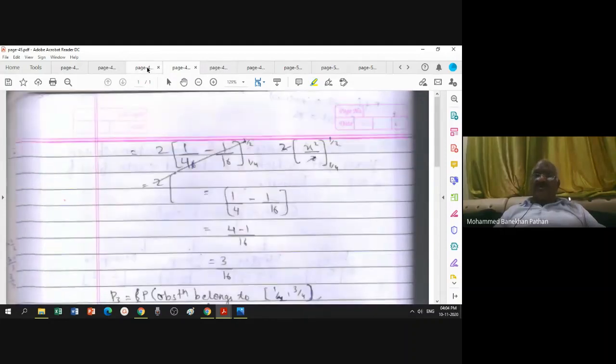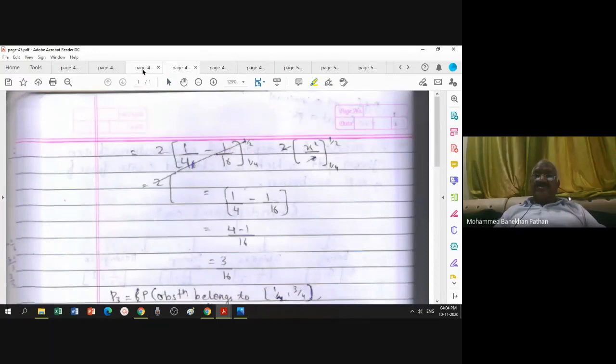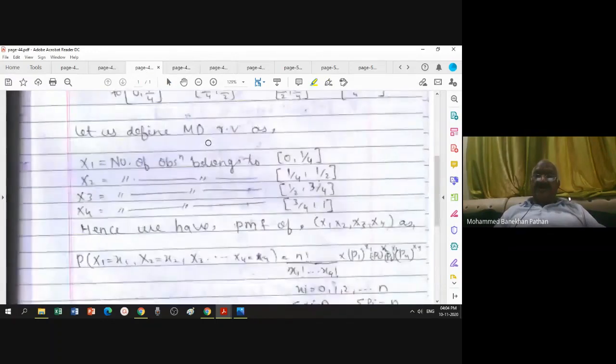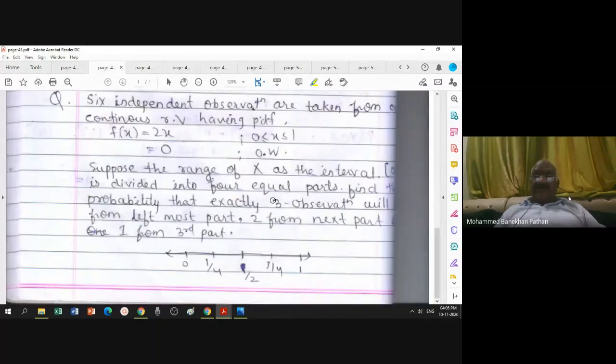Once you have all the probabilities, the next job is only to replace the values of the variables. You want to find the probability that x1 takes value 3 from the first interval, x2 takes value 2, x3 takes value 1, and x4 is 0, because 3 plus 2 plus 1 is 6. We are making 6 observations, so the fourth random variable does not take a value.